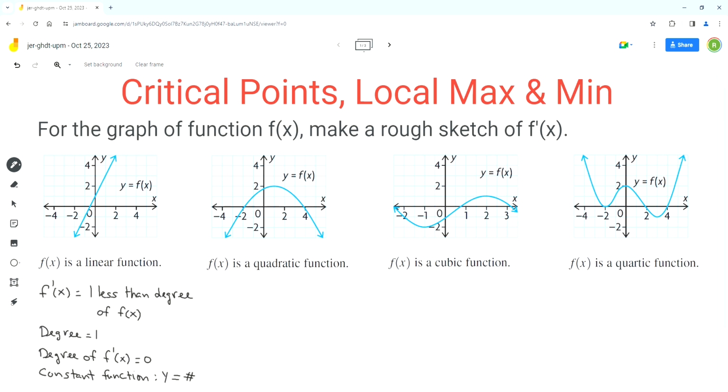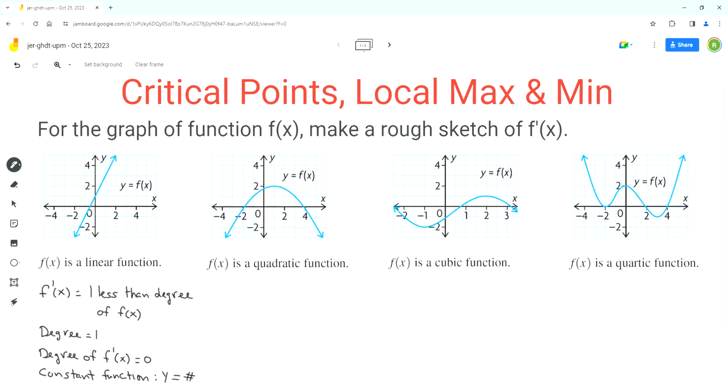Now we can analyze this graph. As you can see, this graph is a straight line, and the derivative of a function represents the slope of the tangent. For a straight line, the slope is the same throughout.